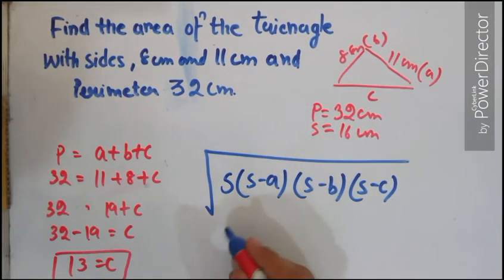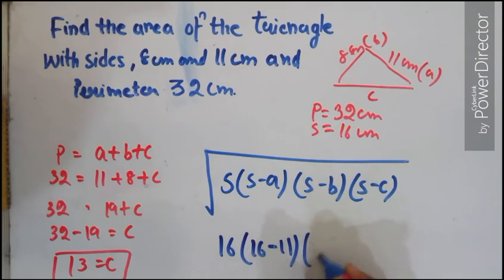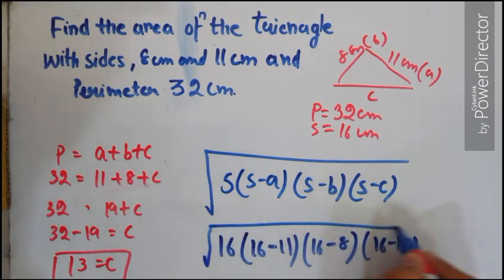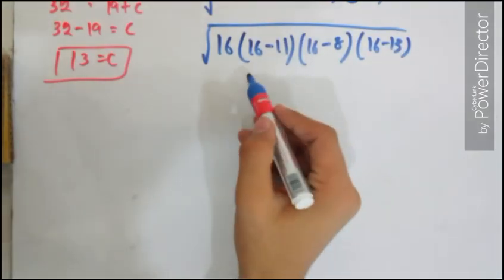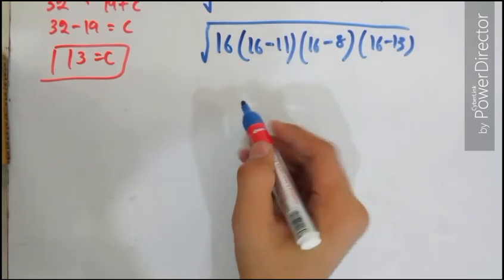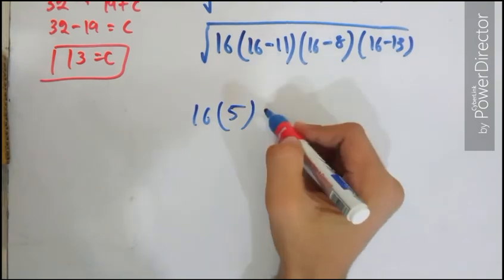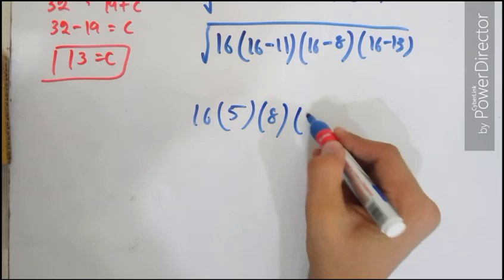And now taking the values right here, 16 minus A is equal to 11, into 16 minus B is equal to 8, and C is equal to 13. Now solving this, we get that 16 minus 11 is 5, and 16 minus 8 is 8, and 16 minus 13 is 3.